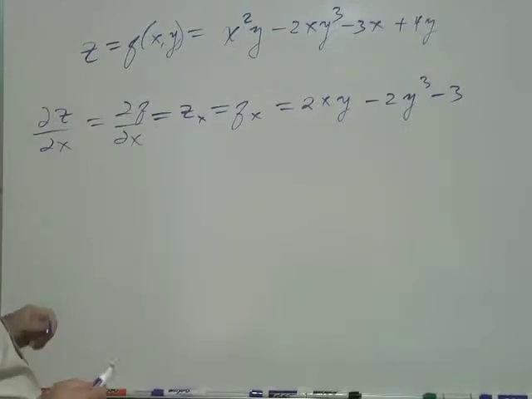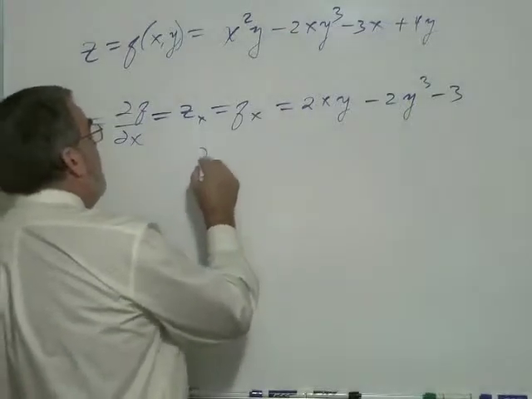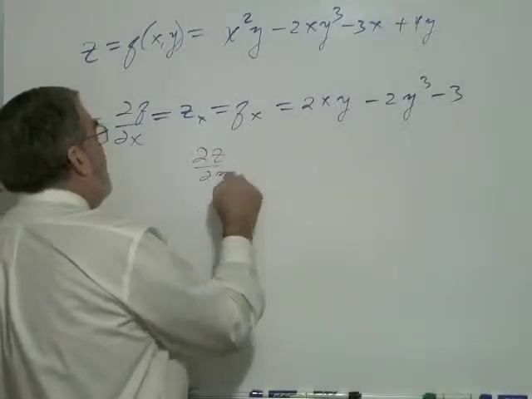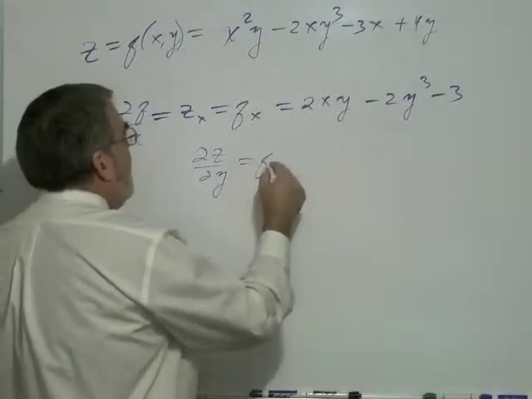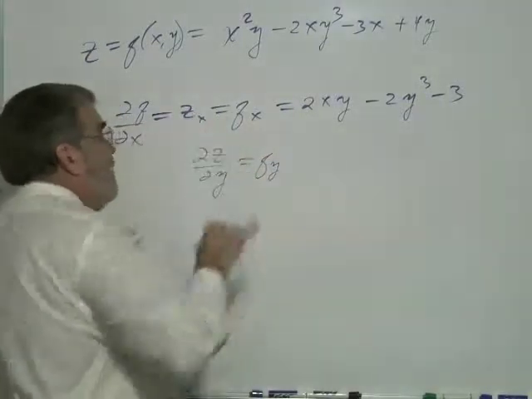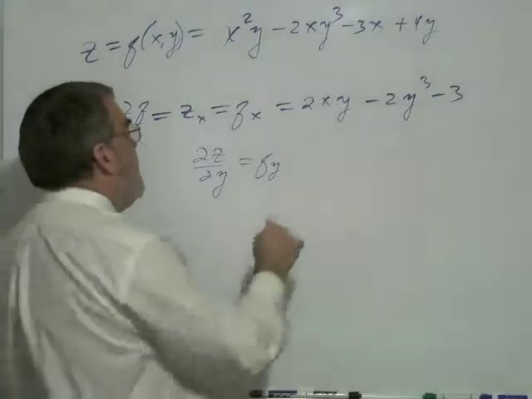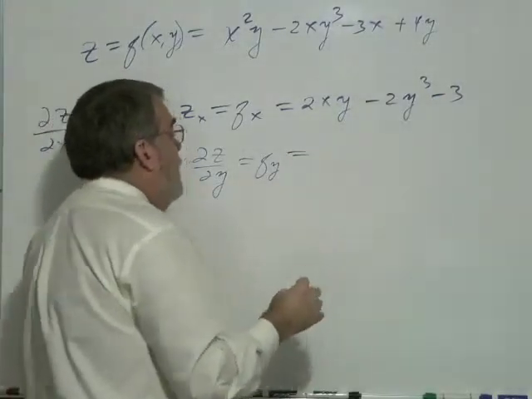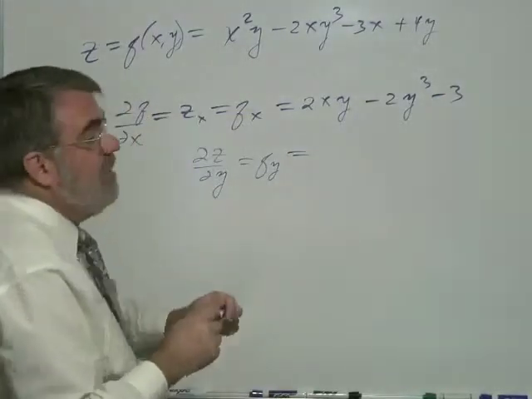So that's f sub x, or partial with respect to x. Now if we wanted to do partial with respect to y, and you can write it any way you want as long as it fits one of these formats, partial with respect to y of my function, same idea.